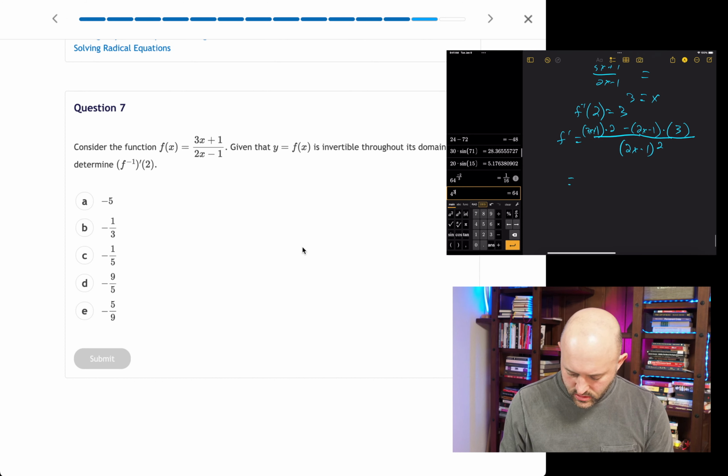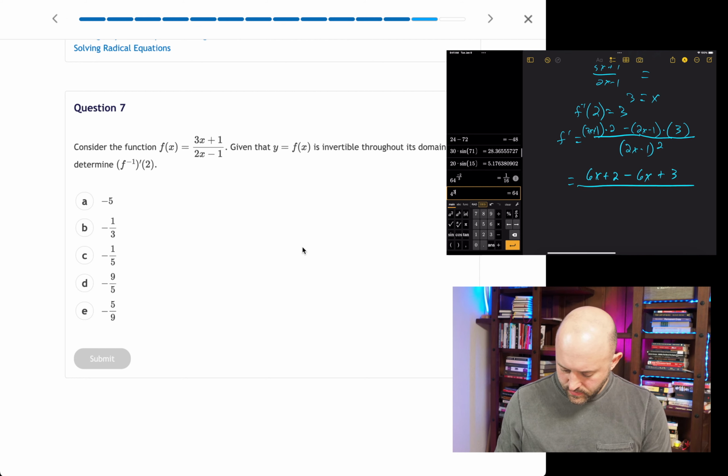Okay, let's reduce this. 6x plus 2 minus 6x plus 3, because minus the negative 3 over (2x minus 1) squared. These cancel, these add, so it's 5 over this.